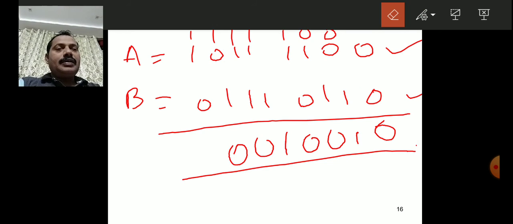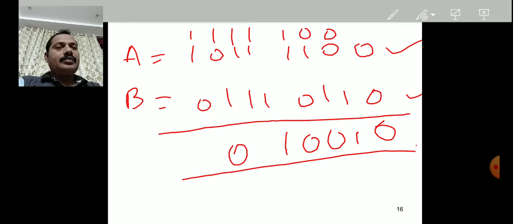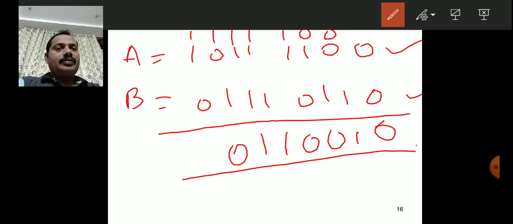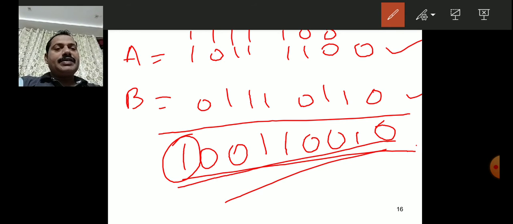Here it is 1. Next, 1 plus 1 plus 0, it is 1 0. So this is the final carry for the 8-bit case.